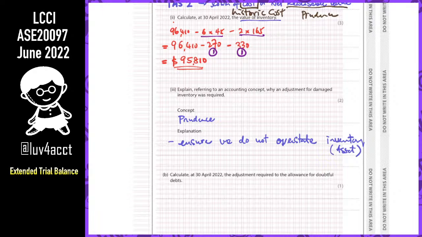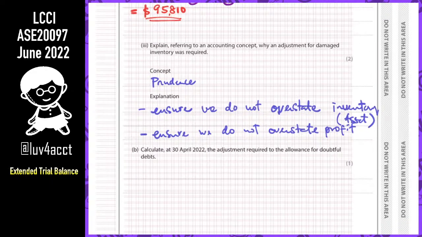Also, because we do not want to overstate inventory, it can also ensure that we do not overstate our profit, because closing inventory is related to the amount of profit we have. You are only awarded 1 mark, so I would prefer the first item. But if you have to explain more, then you have to link closing inventory with profit as well.